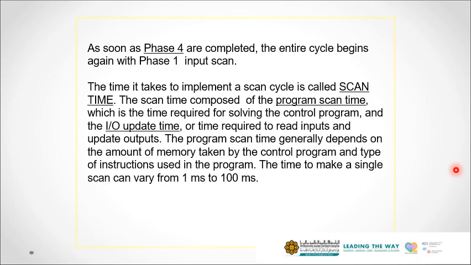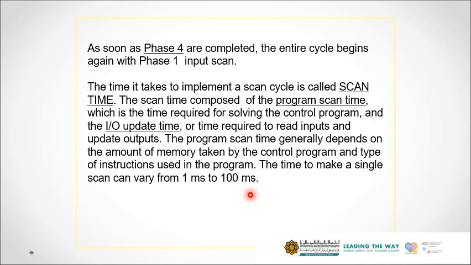Usually this cycle time takes about 1 millisecond to 100 milliseconds, so it is not that fast. That is the time to take a single scan, that means phase 1 to phase 4. If it is, let's say, 1 millisecond, then your scanning rate would be 1 kilohertz.